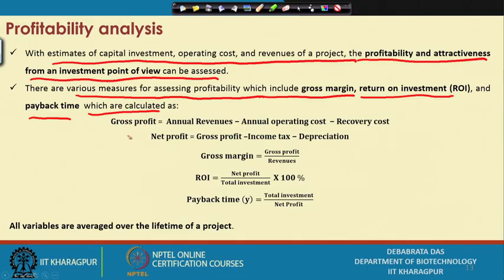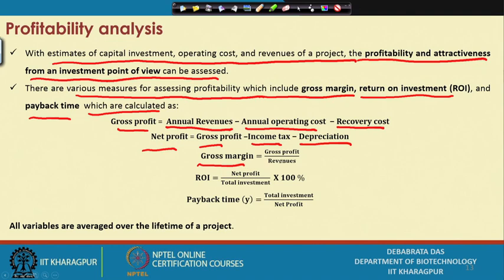That is the payback time. The gross profit will be net annual revenue, annual revenue mostly comes by selling the product, minus annual operating cost and the recovery cost. The net profit will be the gross profit minus income tax minus depreciation.